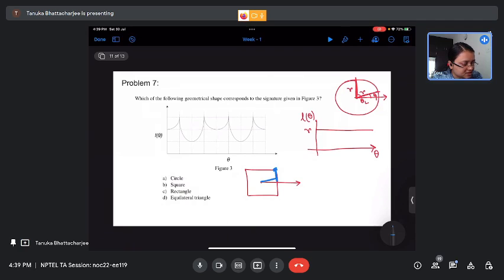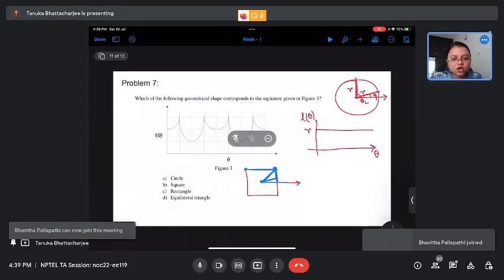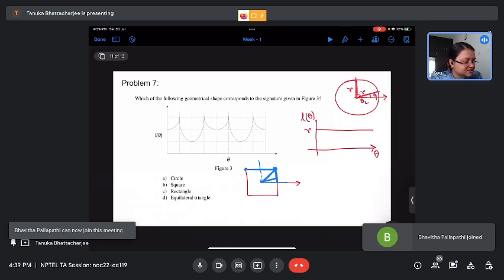As you increase the angle theta from 0 to this particular position, the distance from the centroid to the boundary point keeps on increasing. After this, when you go from the right vertex to the left vertex on the top straight line, first when you go till this middle point, you can see the distance is decreasing.